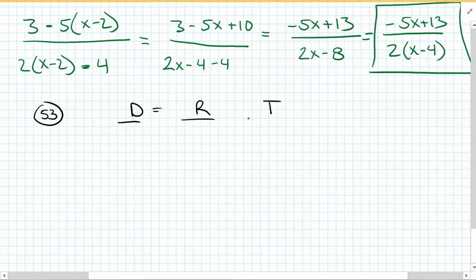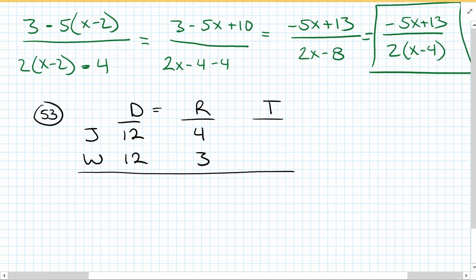Okay, so let's just column this up. So when I jog 12 miles, I have a rate of 4 miles an hour. When I walk 12 miles, I have a rate of 3 miles an hour. Okay, so how much time did it take me? 3 hours to go 12 miles with a jog and 4 hours to go 12 miles with a walk.